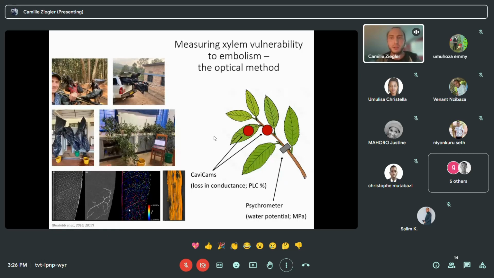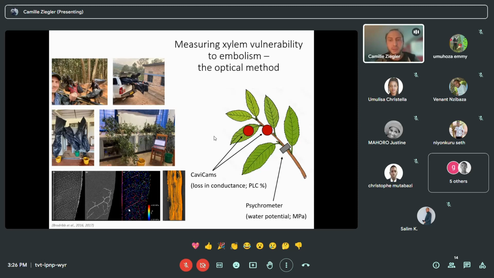So to measure xylem vulnerability to embolism, we relied on an optical method. So basically, we harvested branches in the field, brought them back to the lab in large plastic bags to avoid them losing water. And then we attached small cameras, you see here in red on the scheme on the right.